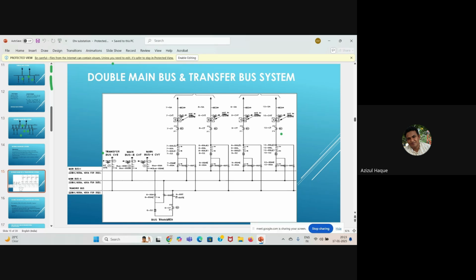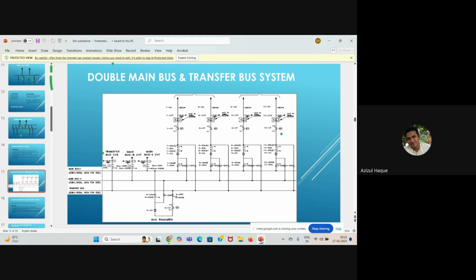In case of only a double main bus system, for maintenance of the circuit breaker of any feeder, I have to take shutdown of that feeder. Power flow of that feeder will be stopped because I have to disconnect the feeder from the main bus. Then I have to do maintenance of the circuit breaker.